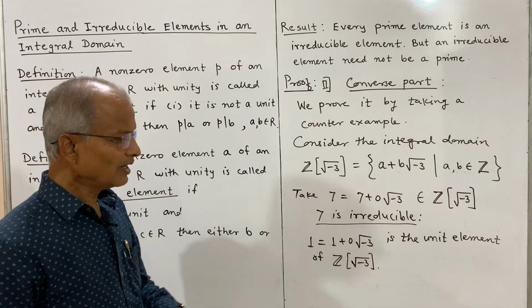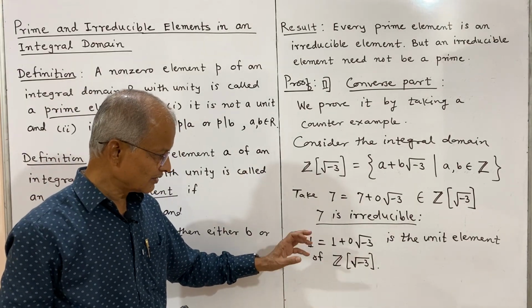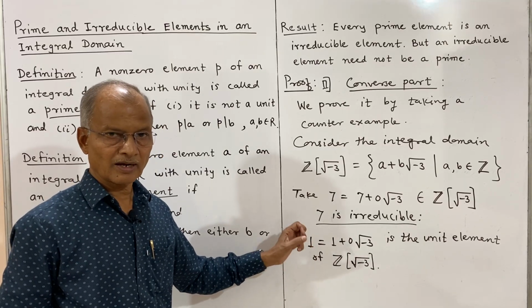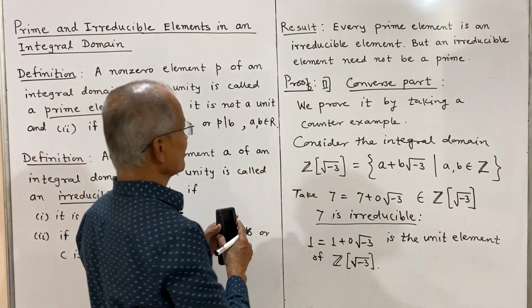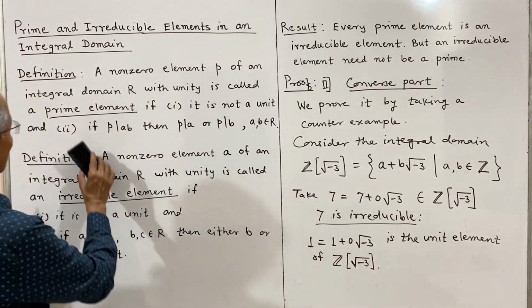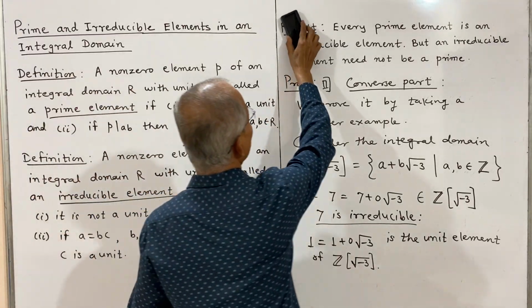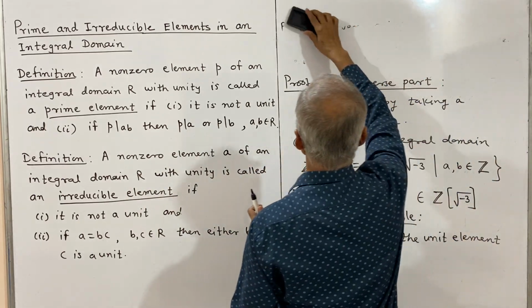It is also a unit, and another unit is there, that is negative 1. We have to prove it is not a prime.